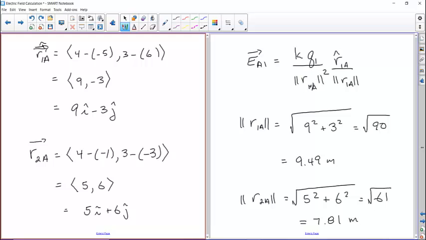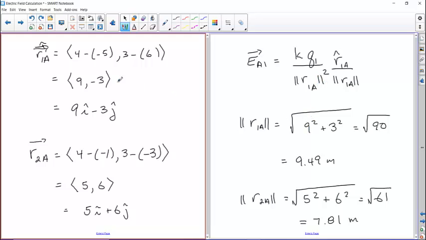But this one is divided by the magnitude squared, because that's what the equation for electric field is. So you actually end up with r cubed in the denominator, but it's okay because we have this r vector in the numerator. So we need the charge, which we have, q1. We have the vector r1a, so we just need to figure out what the magnitude of r1a is.